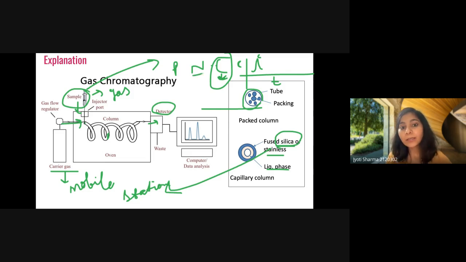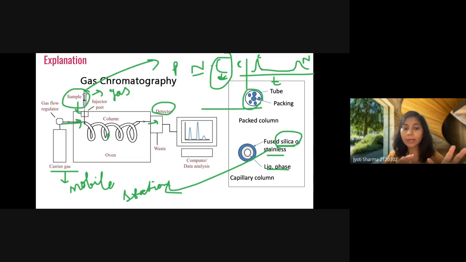Then let's say nitrogen is attaching to that silica, then the time will be longer and that will make another peak. Let's say this is for the nitrogen. Based on whether it is getting adsorbed by the stationary phase or carried by the mobile phase, the peak will be at a different time.